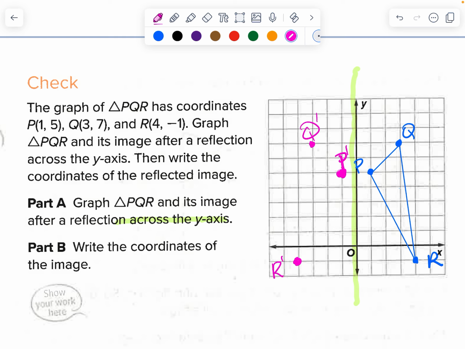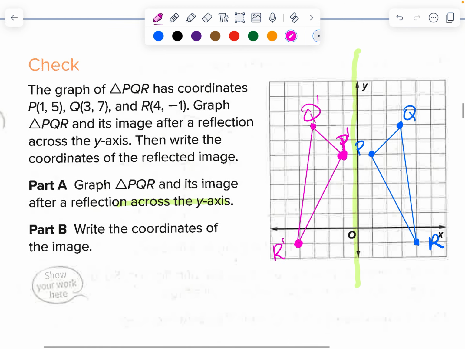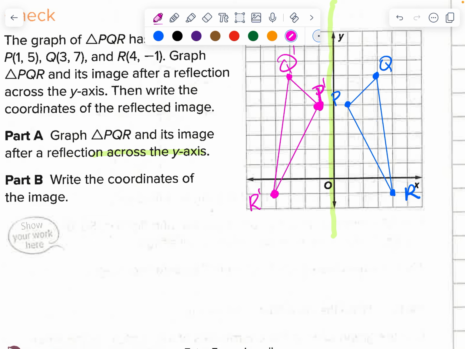R prime. And there we go. Okay. So our P to start off with was 1, 5. Oh, I should be doing this.